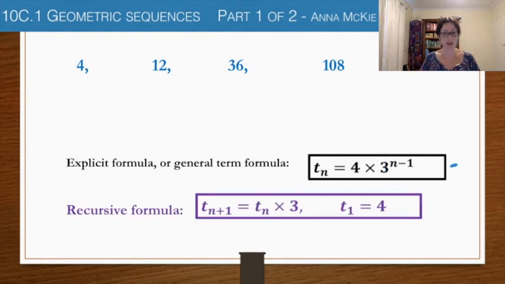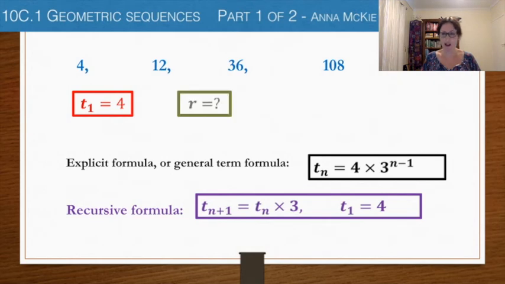So we could write it in two different ways, the general term formula or the recursive formula. T1 is 4, and that's really important that we often have to define that initial term. R, what was that? What did that stand for again? The common ratio. What was it in this case? 3.